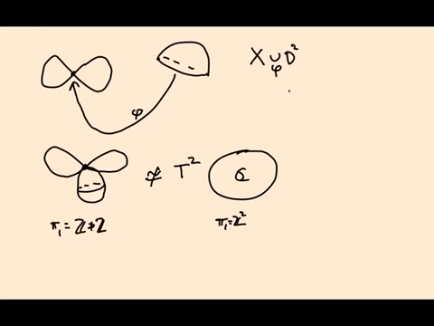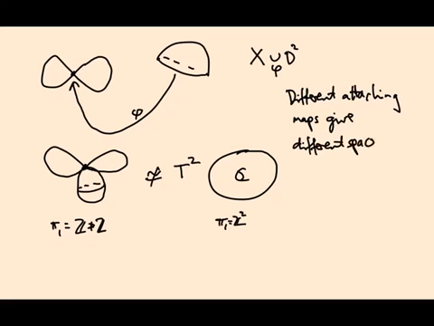So different attaching maps give completely different, in general, completely different spaces. Right, because the attaching map for the torus was this one where the boundary went a, b, a inverse, b inverse, whichever way that is.